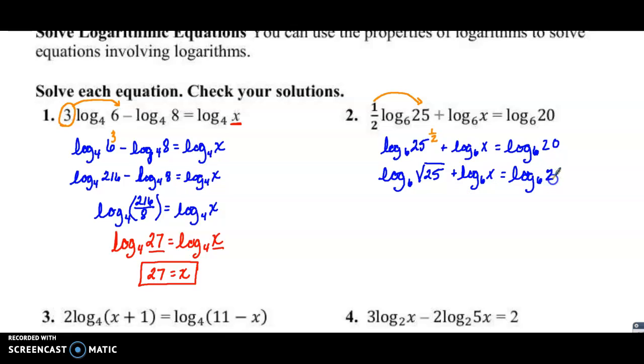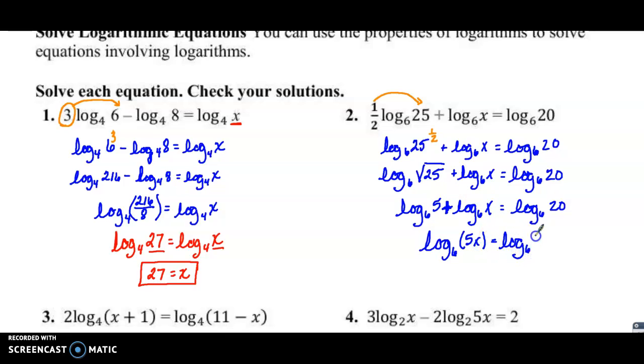So this is really log base 6 of 5 plus log base 6 of x equals log base 6 of 20. Now you can put those together. We know when we have a plus, we're going to multiply. So we would have log base 6 of 5 times x, or 5x, is equal to log base 6 of 20.